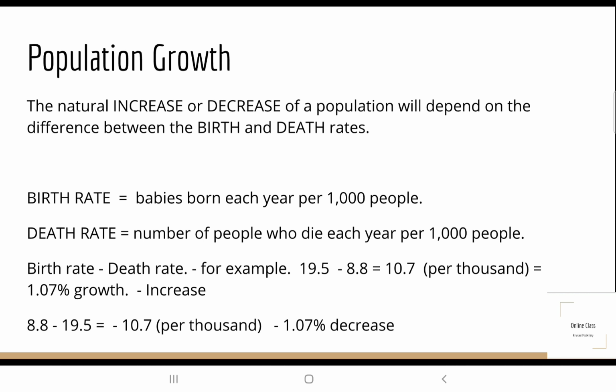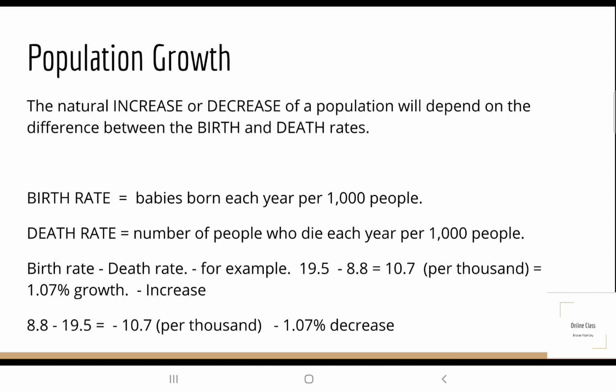For example, if your birth rate is 19.5 and your death rate is 8.8, that's per 1,000 people, then you do 19.5 subtract 8.8, which equals 10.7. That's a positive number, so that's an increase. In percentage, that's 1.07% growth.